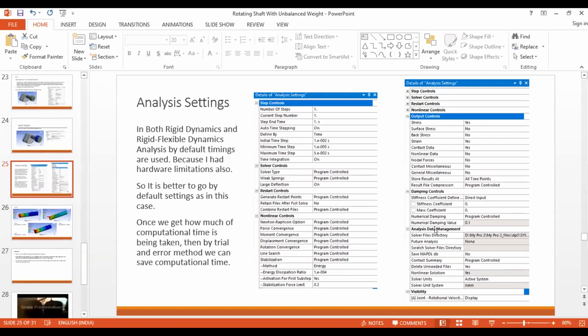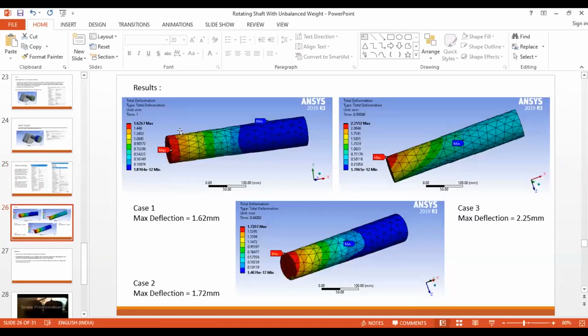After this, here are the results after running. This is case one, where we are rotating the rotor at 1000 rpm. Max deflection is 1.62 mm. This is the second case, 2000 rpm, 1.72 mm, and this is the third case, max deflection 2.25 mm.